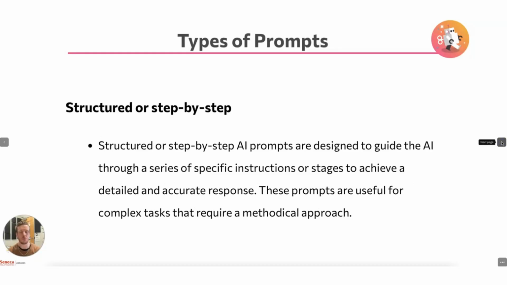But prompt engineering and prompt crafting really strives for structured or step-by-step prompts. These are prompts that are specifically laid out with all the information that AI needs to know for producing a higher quality output, and also provides a structure and step-by-step guide of how you want AI to not only understand the information you've provided, but how to find information, how to interact with that information, and how to repurpose that information in an output.